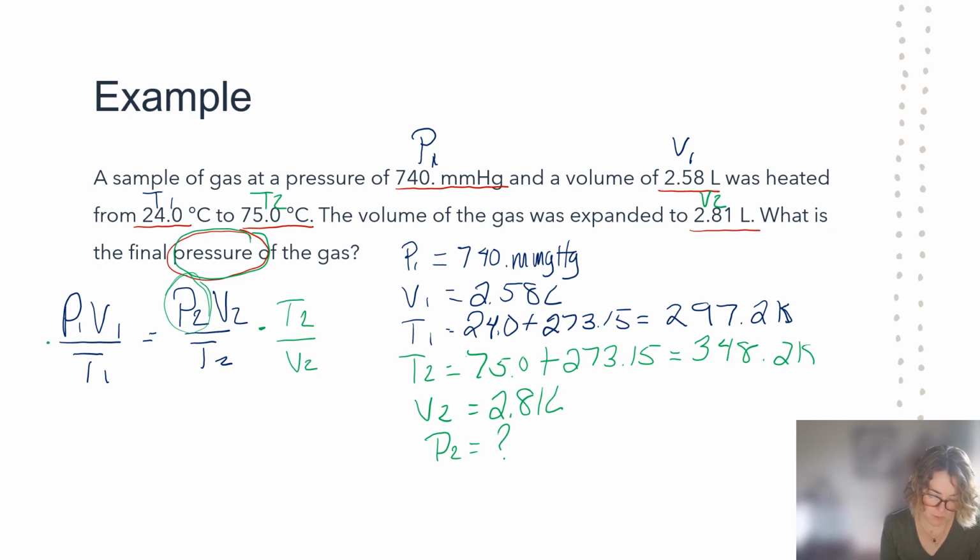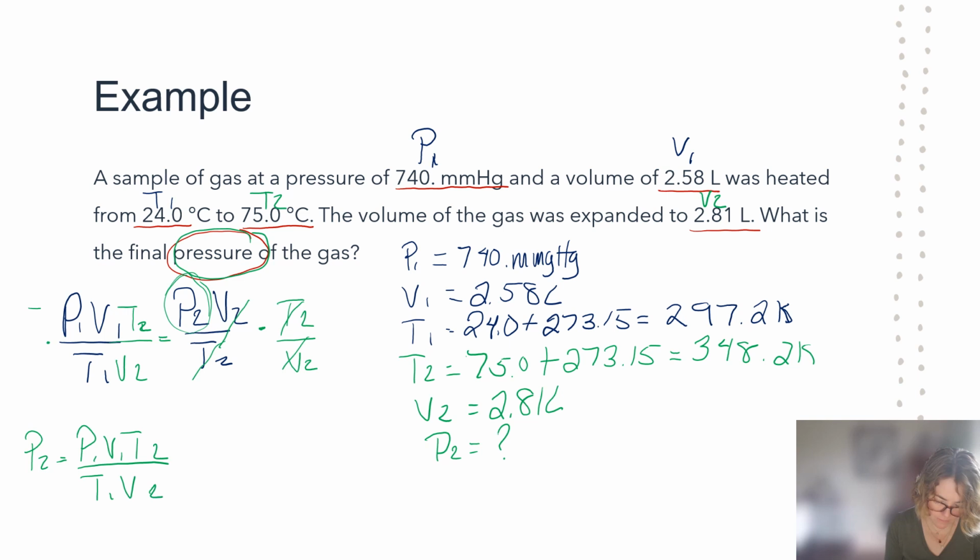So I'm going to multiply both sides of my equation by T2 and V2, and I'm doing this to isolate P2. So I know then that P2 is equal to P1 V1 T2 over T1 V2.